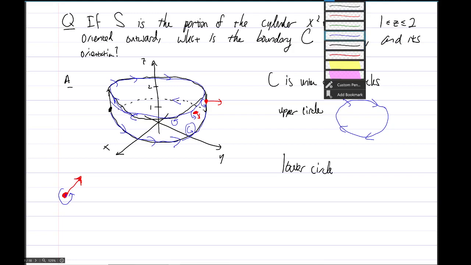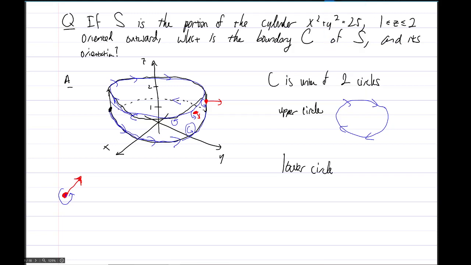If we use color to highlight that, that's this one down here, and it follows along the dotted line back here, and that circle is oriented this way. You'll notice that the two circles are oriented in opposite directions from each other. If the lower circle, viewed from above, is oriented counterclockwise, then the upper circle viewed from above is oriented clockwise.